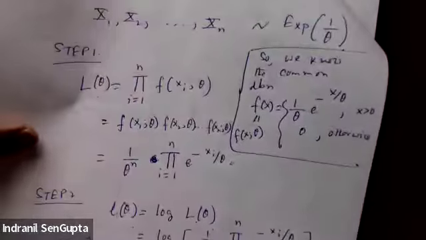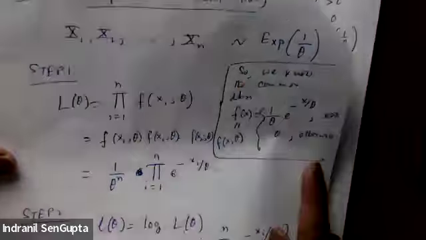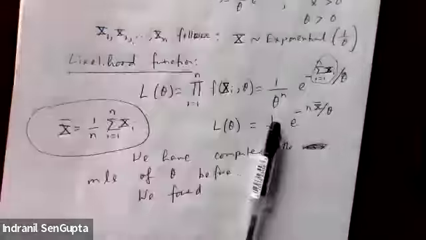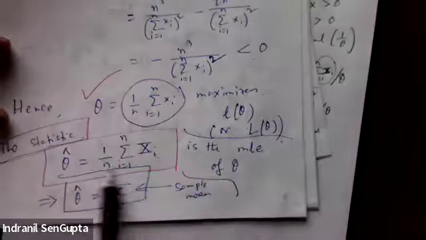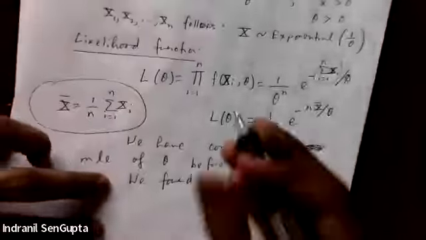Here we have x1, x2, we computed this, and we finally found that this is the maximum likelihood estimator.